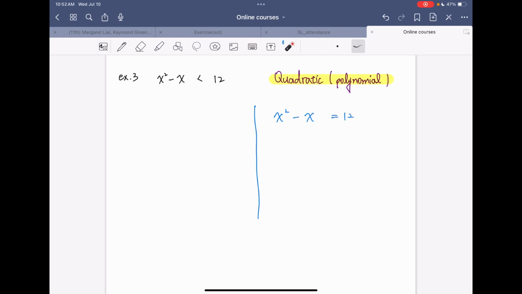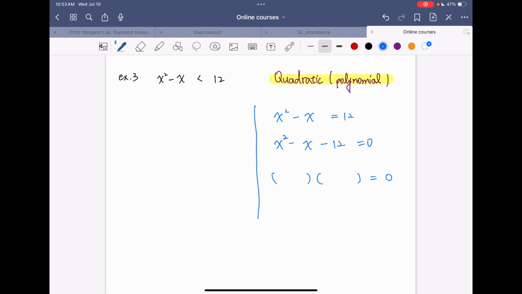It's really similar to this one, just the sign is different. What we did is we moved everything to one side, minus 12 equals 0. We move 12 to the left. Then we break it down into two brackets.